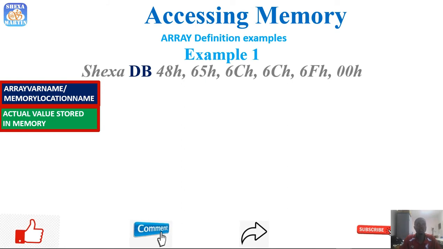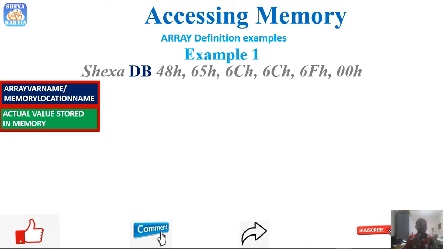As we defined variables in the previous lecture, a variable is just the name of a certain memory location. So Shexa, as a variable declared on that line of code, is a name for a certain memory location, right?